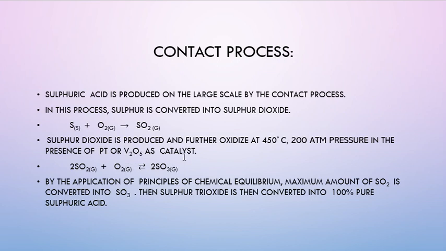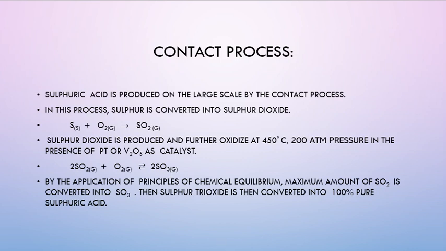The catalyst is not utilized in the reaction, but it is increasing the rate of reaction and reducing the energy of activation for this chemical reaction. Here the sulfur dioxide is reacted with oxygen gas and it produces sulfur trioxide. This is a reversible reaction.